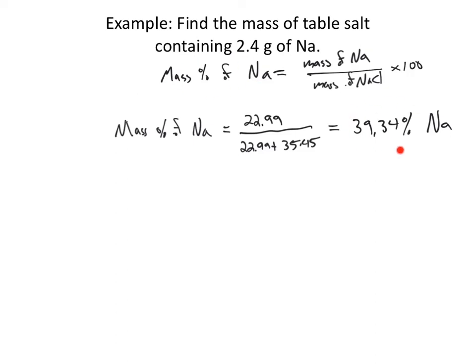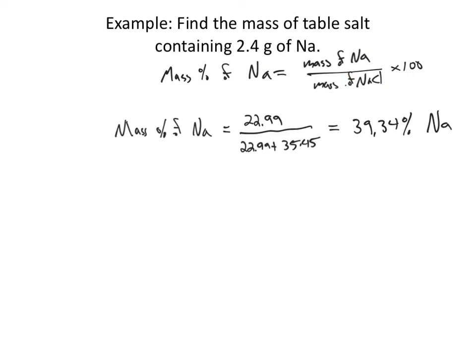All right, so now I found the mass percent of sodium. That's 39.34. They told me how much sodium, 2.4 grams, and so I'm just solving now for the mass of NaCl. So I'll just take the values I know, and I'm going to plug them into this formula. We could do the algebra first, but since we don't have really convenient variables, I don't want to write out mass percent of Na all the time. And so I'm just going to go ahead and put in my numbers.